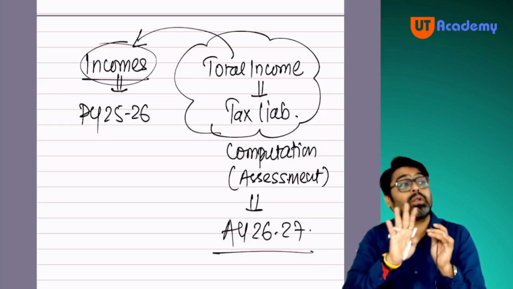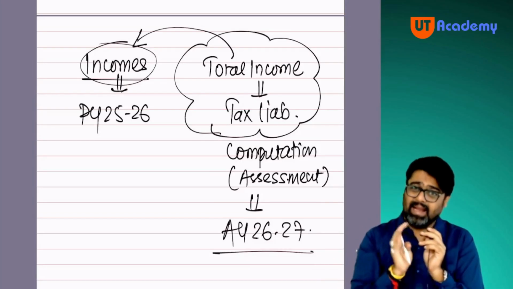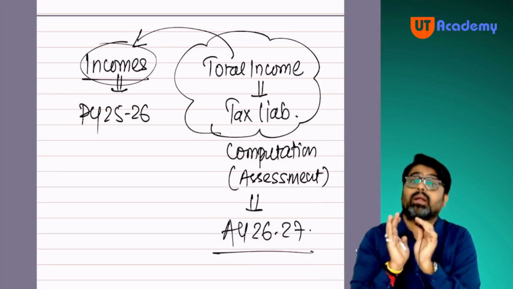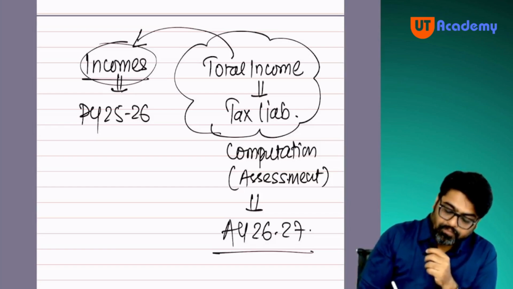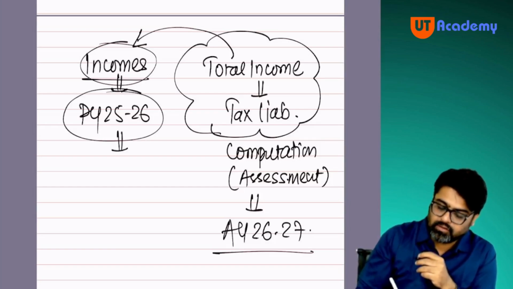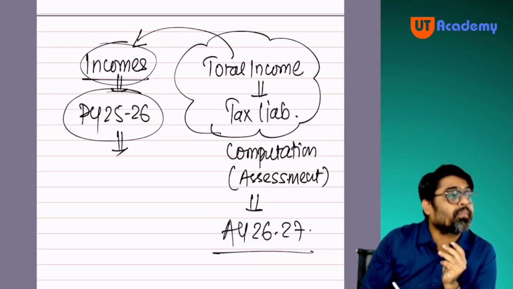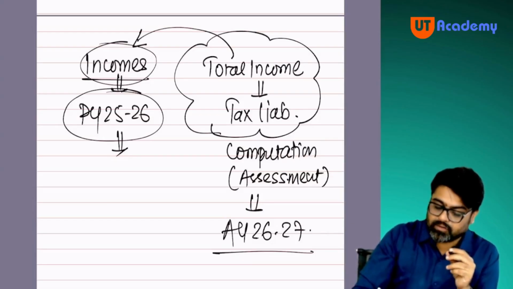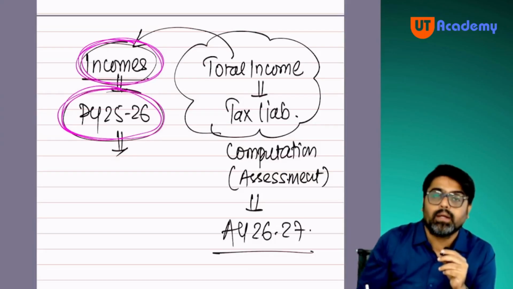All the incomes are not taxable. Some incomes are exempt. Forget about those incomes which are exempt. I will consider the taxable incomes. So now I am talking about the previous year 25-26, in which I might have taxable incomes. These are my taxable incomes which I have earned during the previous year 25-26.